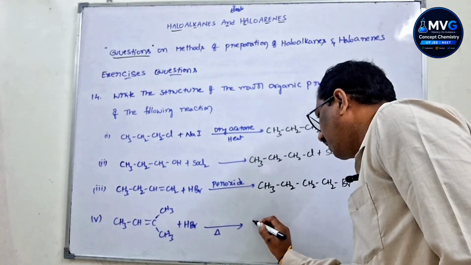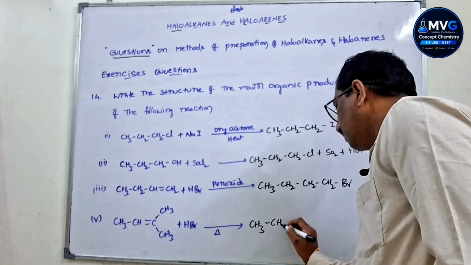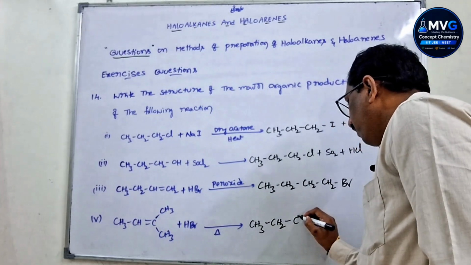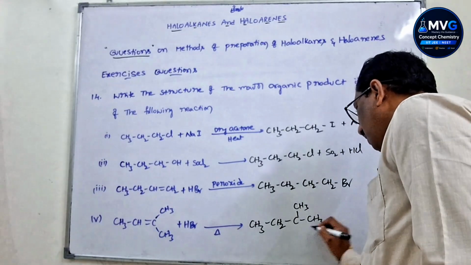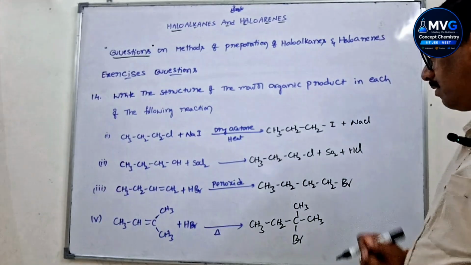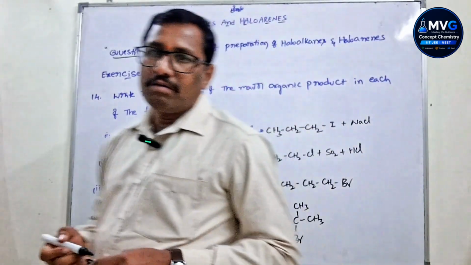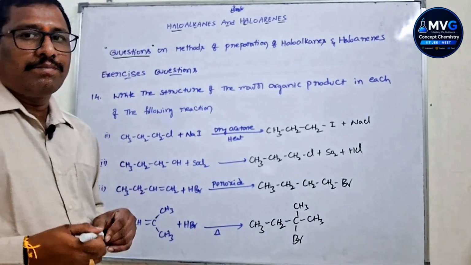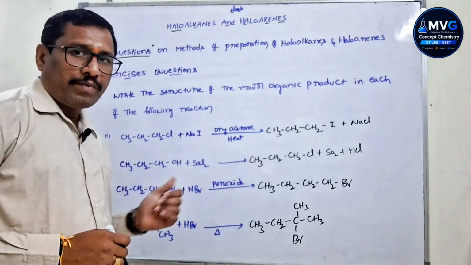Then here product, students, CH3, CH2, here C, here CH3, here CH3, here Br is there. So like this we can read this product, students. Till now, what are the questions in preparation methods, all I completed in this video, students. Please note down.